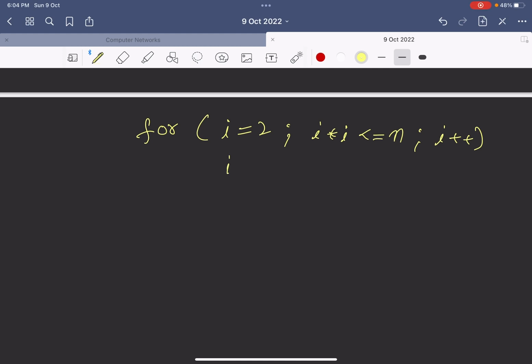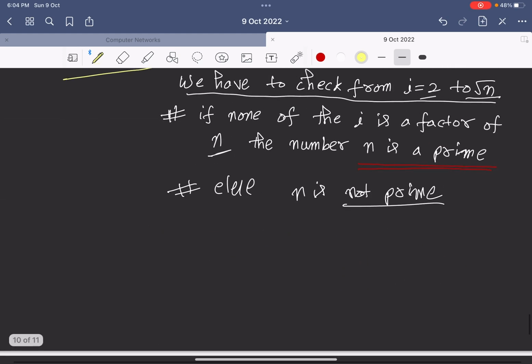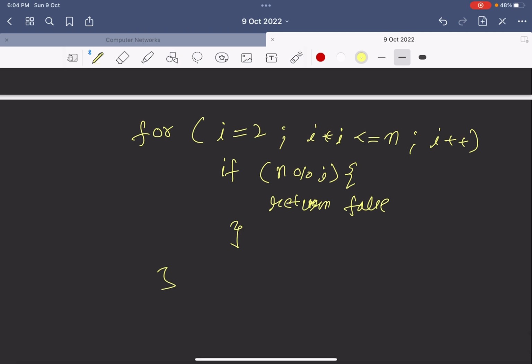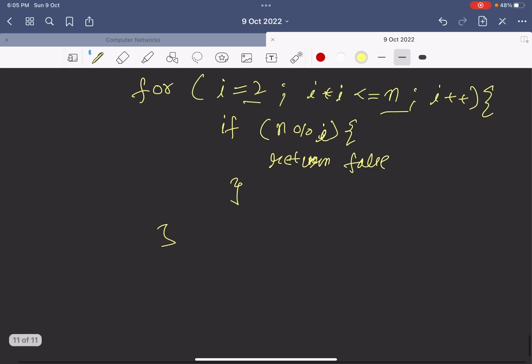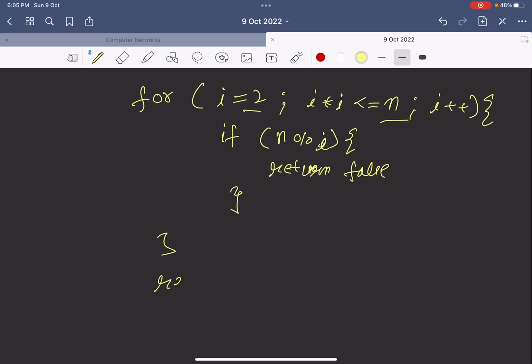So if my number n is divisible by i, in that case I'll simply say that it is not a prime number, and I'll return false. Even after traversing from 2 to root n, if I don't get any such i that is dividing my n, in that case that number will be a prime number, and I'll simply return true.